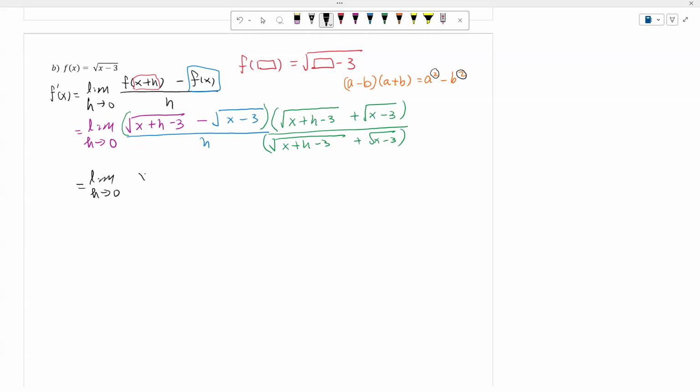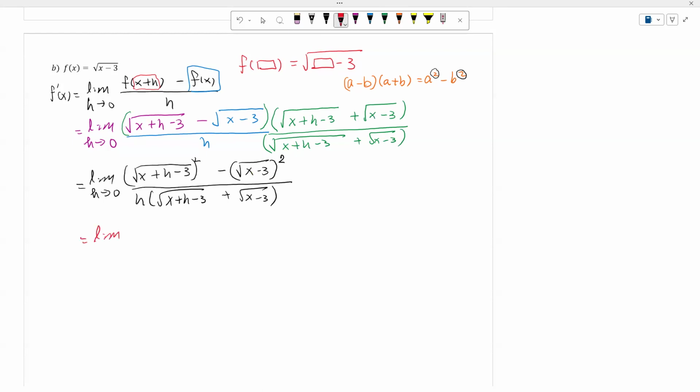Okay, and now I will have x plus h minus 3, square root of this squared, minus square root of x minus 3 squared, over h times square root of x plus h minus 3 plus square root of x minus 3. Okay. It is equal to x plus h minus 3 subtract. Remember, we should put a parenthesis around the x minus 3.